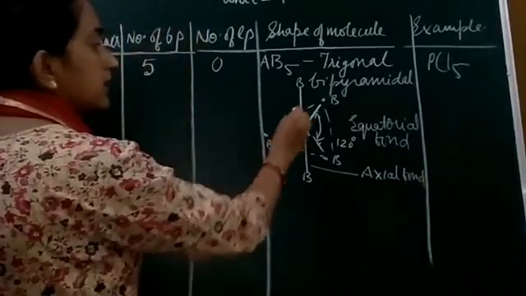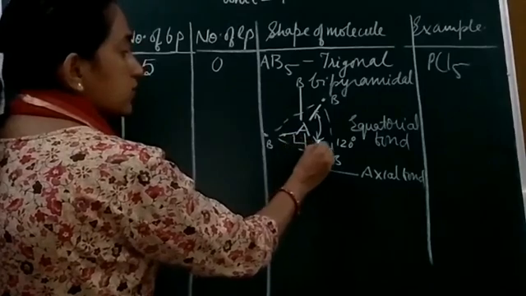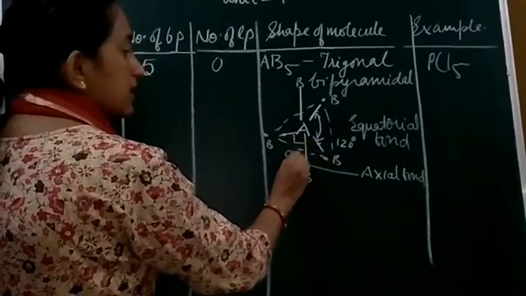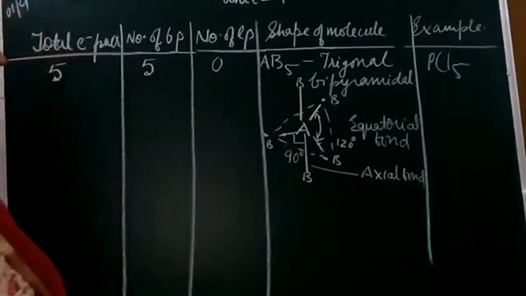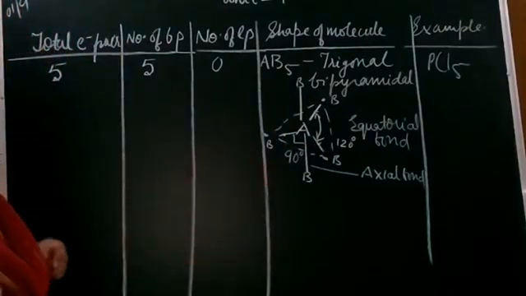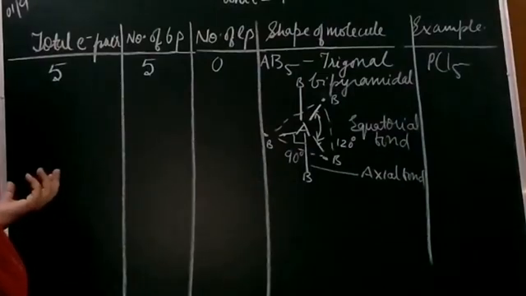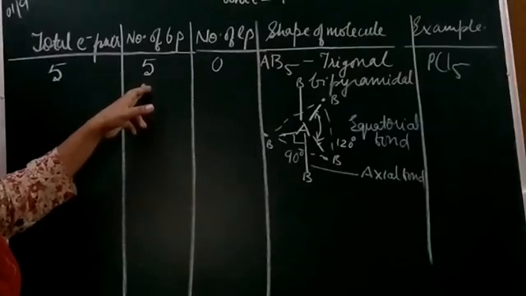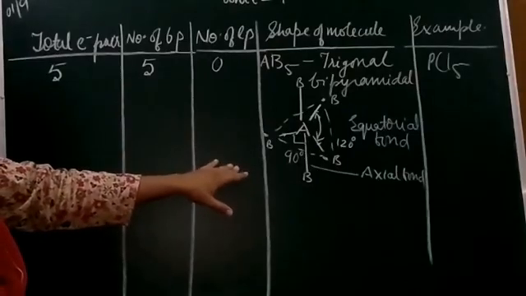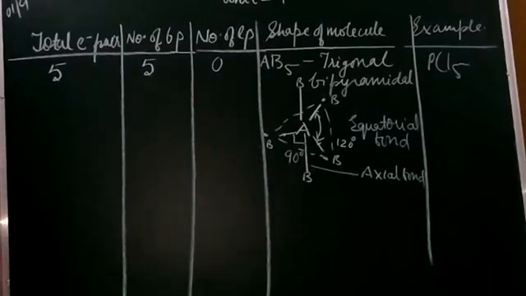The angle between an axial and an equatorial bond, you can take either of these, is 90 degrees, and between the two axial bonds it will be 180 degrees. Now this is the shape of the AB5 type of molecule, which has no lone pair, all of them are bond pairs, and hence it has a trigonal bipyramidal shape as its regular shape.